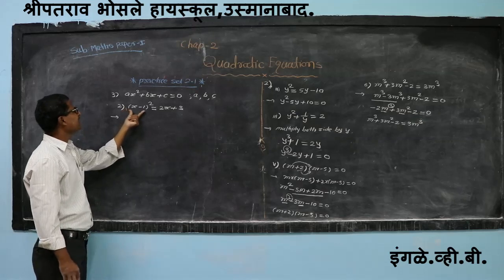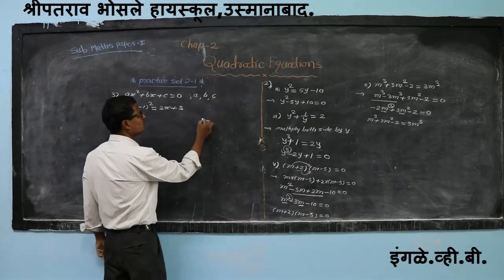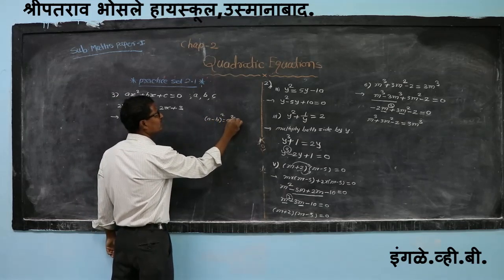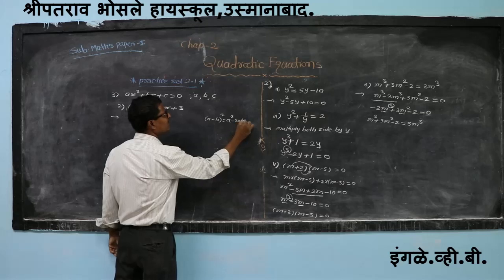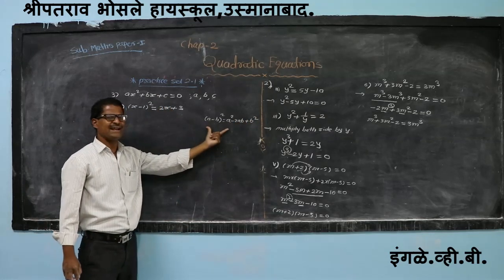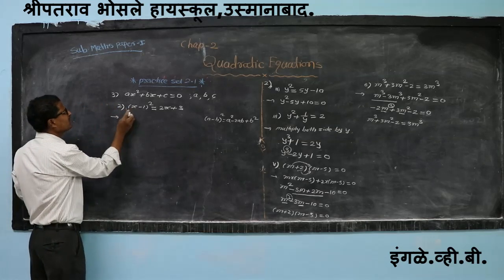Here x minus 1 square. So here we have to use the identity a minus b square is equal to a square minus 2ab plus b square. Using this identity, use the square of the first term, x square.